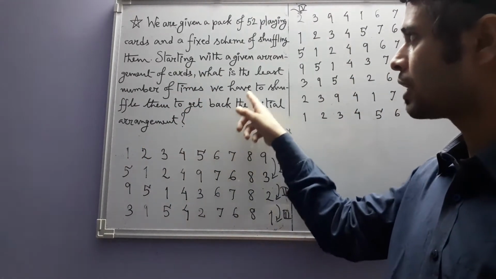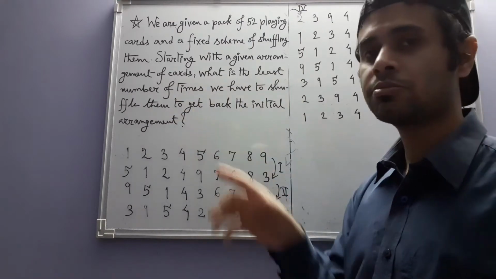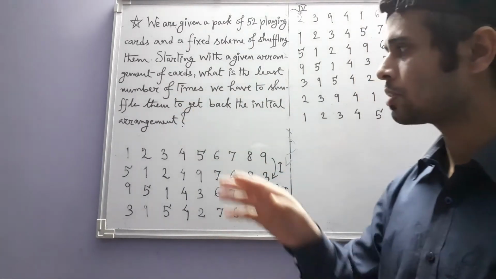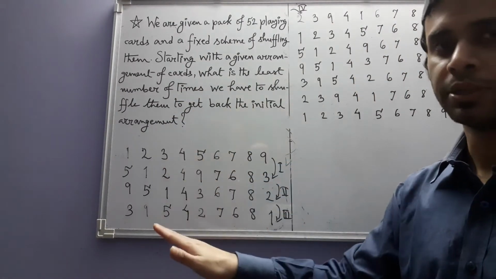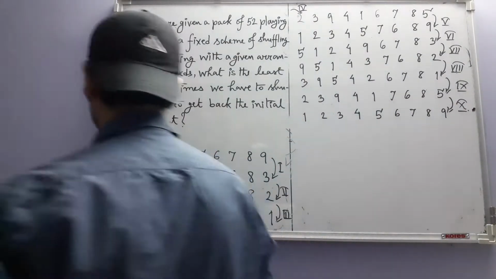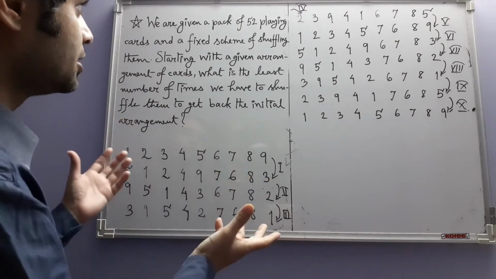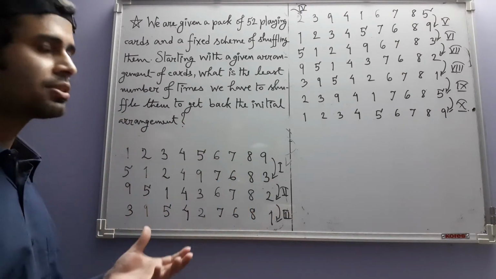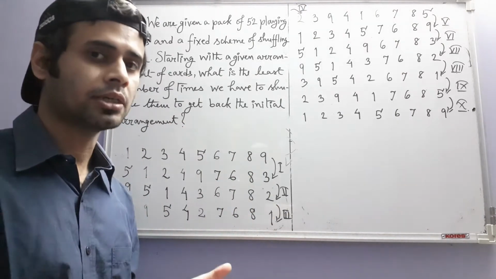So we have to find the least number of times we have to apply that shuffling so that we get back the initial arrangement.